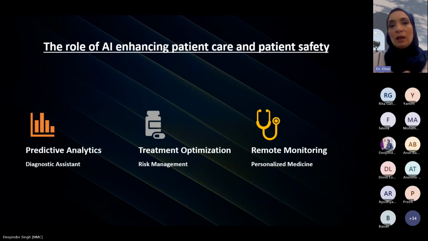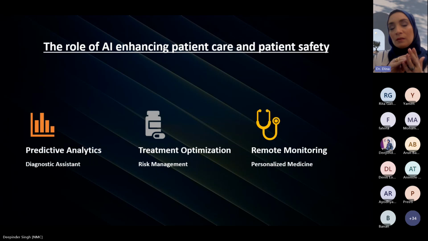And again, you may be currently using AI in your facility, but you are not aware that you are using it. If you have a virtual ICU, if you have remote monitoring, if you have monitoring of your patients sitting in their homes as home care and so on, you might be using a very simple solution that depends on AI, but you are not aware of it.